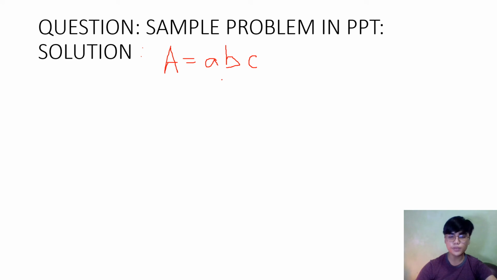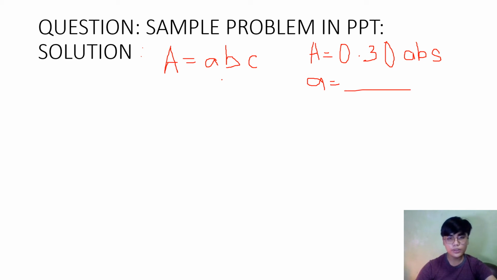Our given absorbance is 0.30 ABS, and the absorptivity is the one that we're going to calculate. The cell path length is equal to 2.00 centimeter, and our concentration is equal to 4.5 ppm.